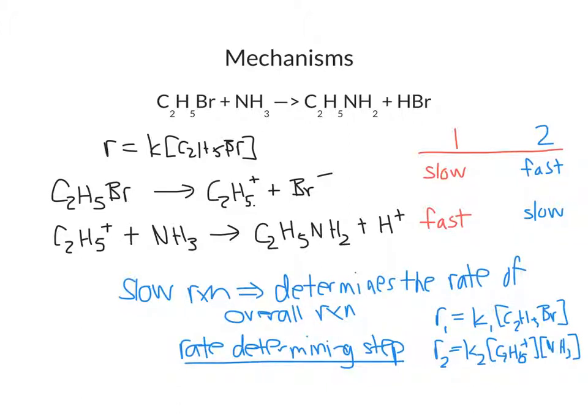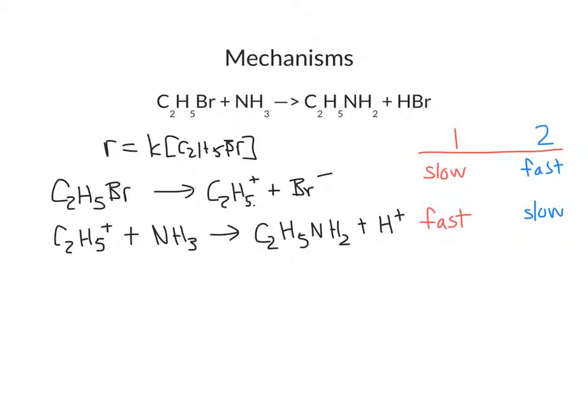And so we can see that since the experimental rate law is first order in C2H5Br and does not involve the ammonia, in fact that first step must be the slow step, and this first possibility is the one that matches with our overall rate law.